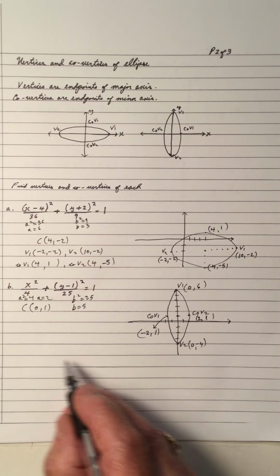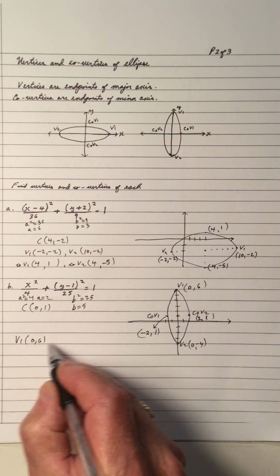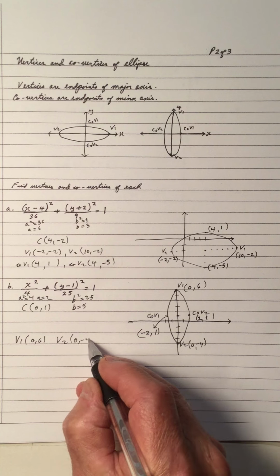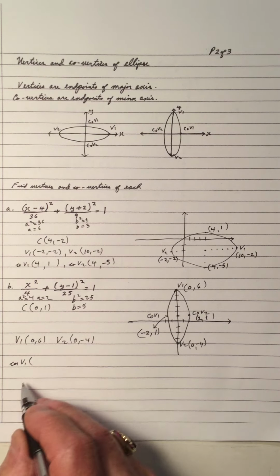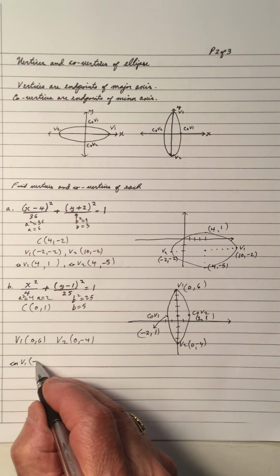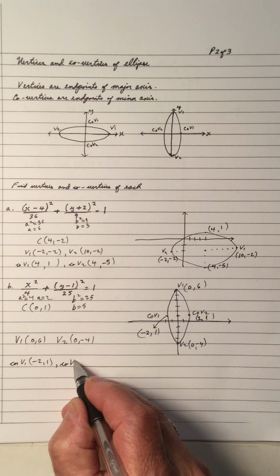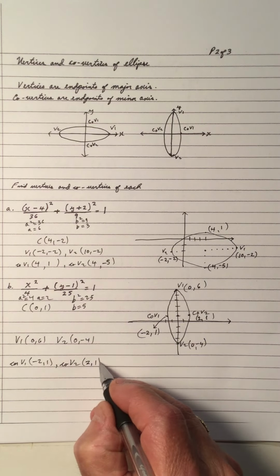So we have the vertices. V1 is 0, 6. V2 is 0, negative 4. And we got the co-vertices at the end point of the minor, and we can go with negative 2, 1. And co-vertex 2 is 2, 1.